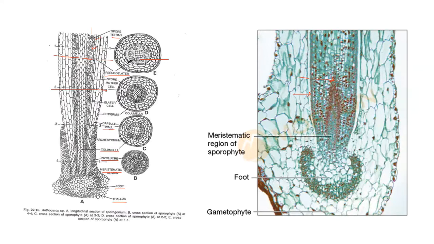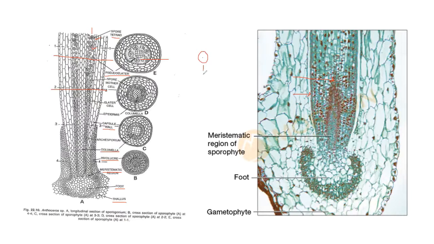Now, what is the function of the sporophyte? It is to produce spores, and the spore formation is referred to as sporogenesis. What is sporogenesis? Sporogenesis in simple words is spore formation. Suppose this is a spore mother cell which is diploid in nature.